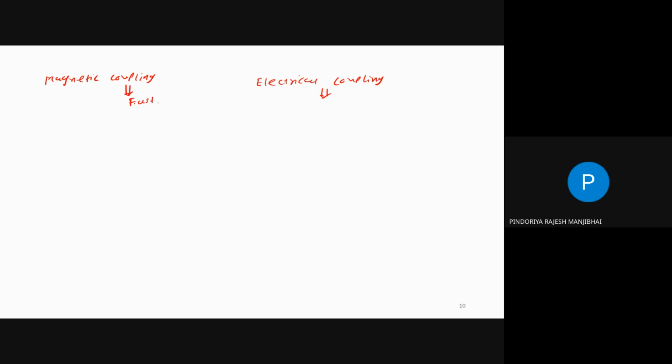Okay, so my first question is which coupling is fast, electrical or mechanical? Magnetic coupling is fast and electrical coupling is slower, in my thoughts. Okay, and what about the losses?